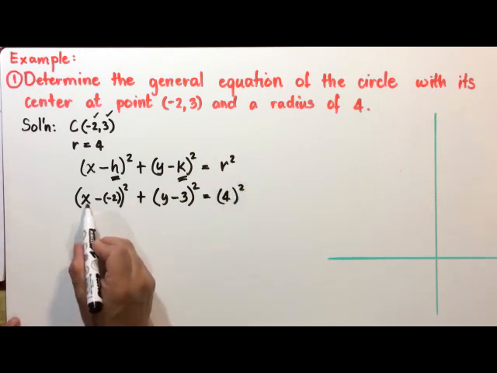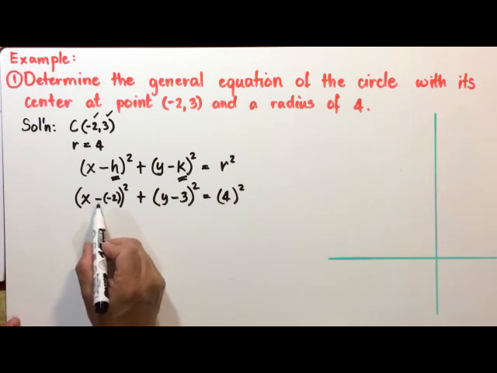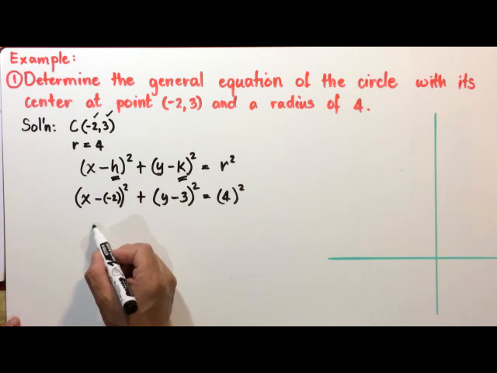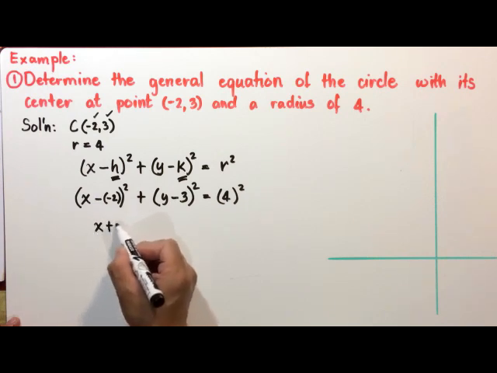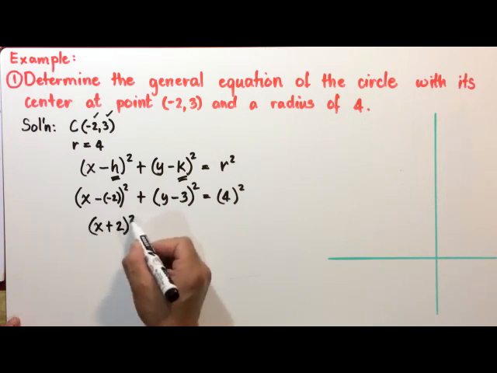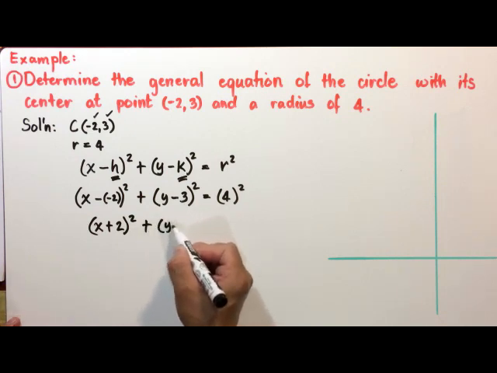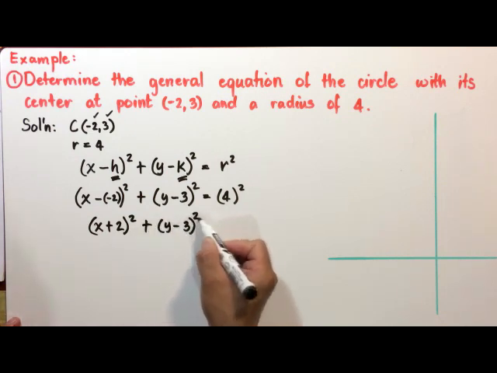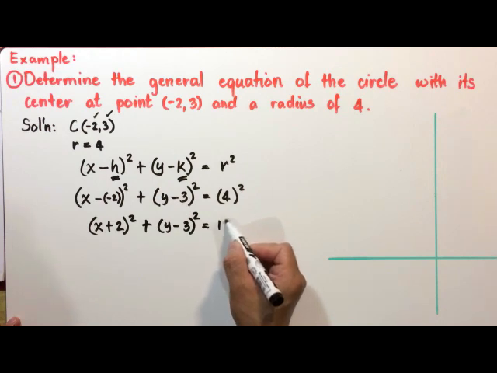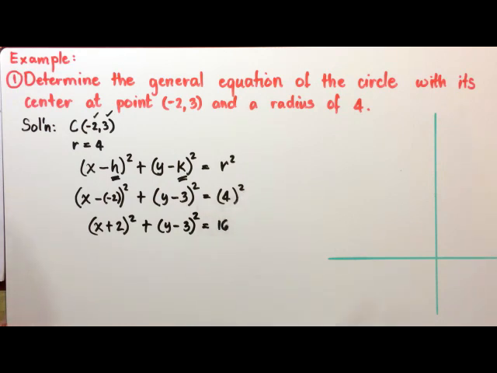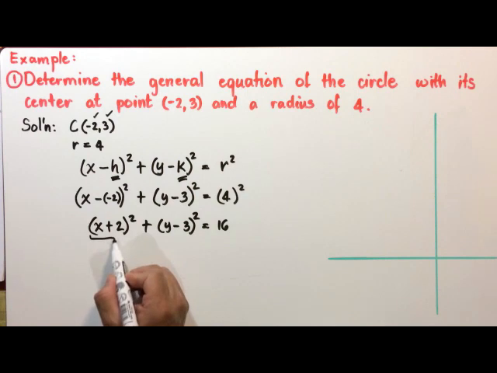Now if I simplify this one, the minus of the -2, so the minus of the minus becomes positive. So x plus 2 quantity squared plus y minus 3 quantity squared is equal to 16, because 4 squared is 16.